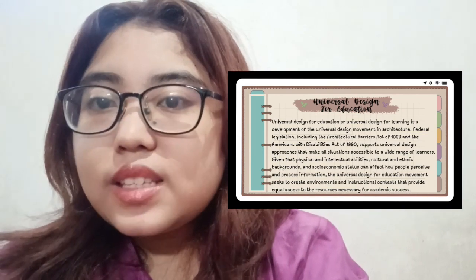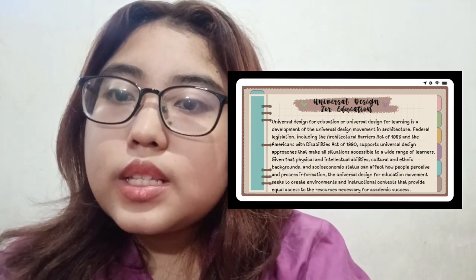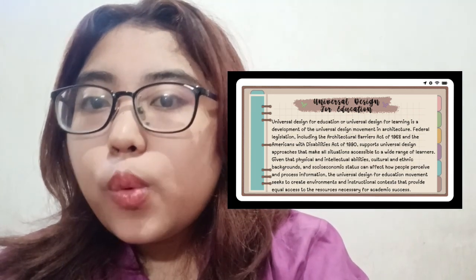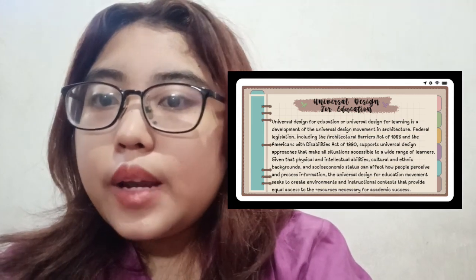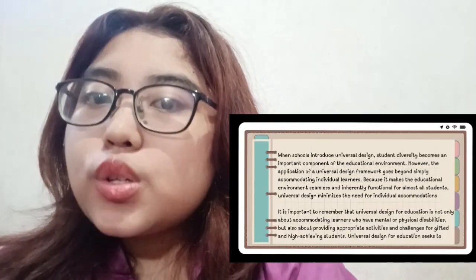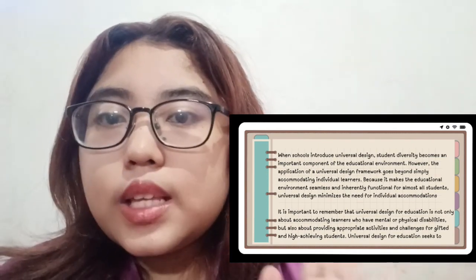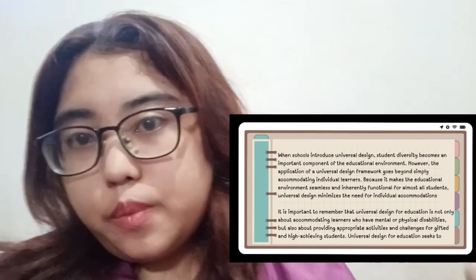The Universal Design for Education movement seeks to create improvements in instructional contexts that provide equal access to the resources necessary for academic success. When schools introduce universal design, student diversity becomes a powerful component of the educational environment.